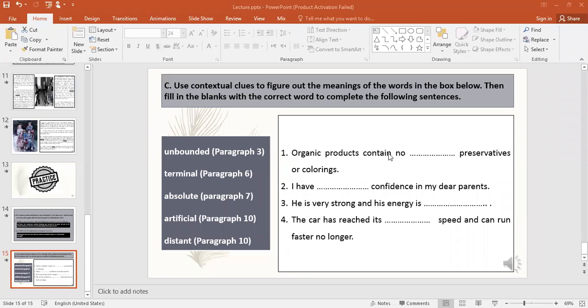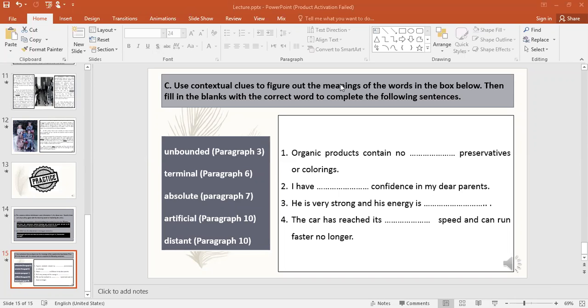Adam Hajaji. Yes, miss. Come on, Adam. Number 3, he is very strong and his energy is... Determined.